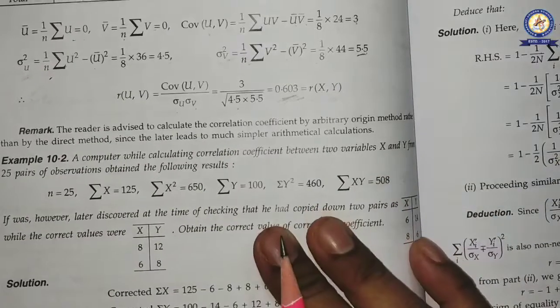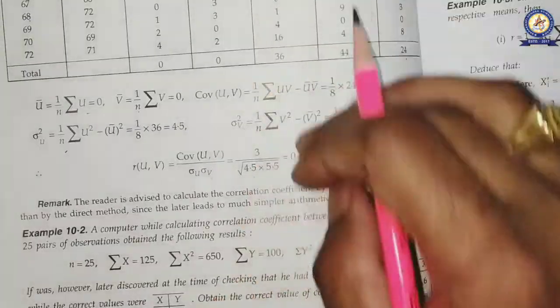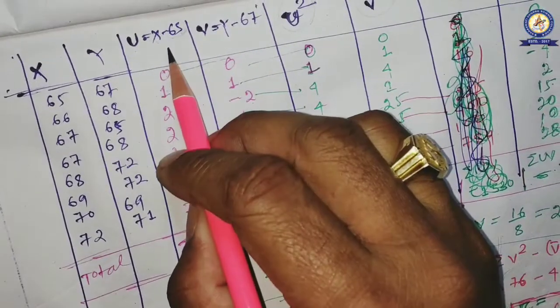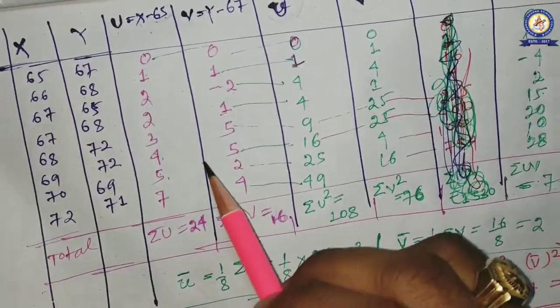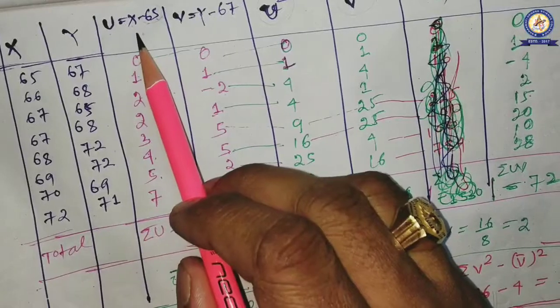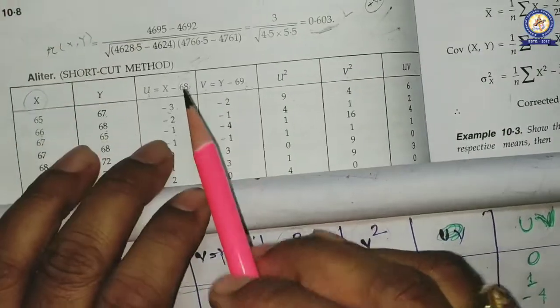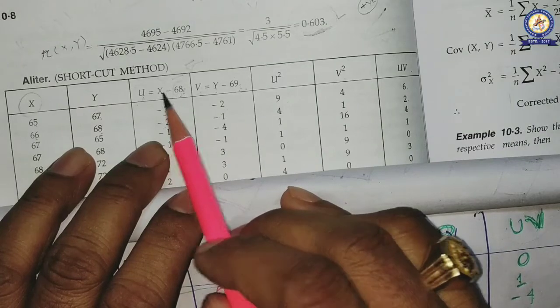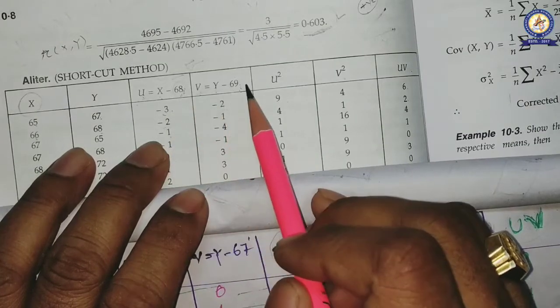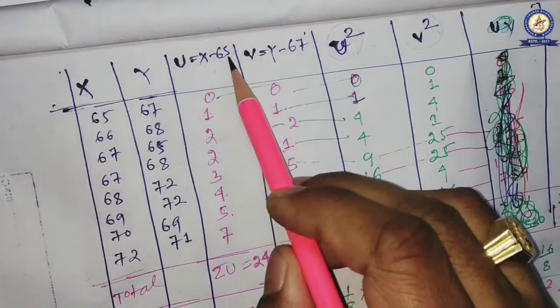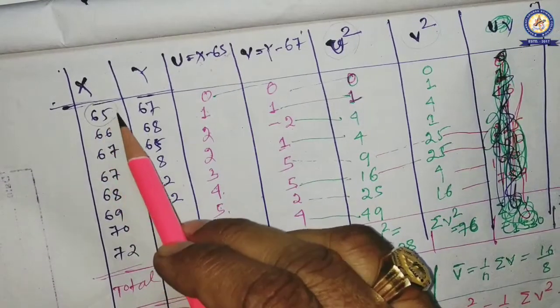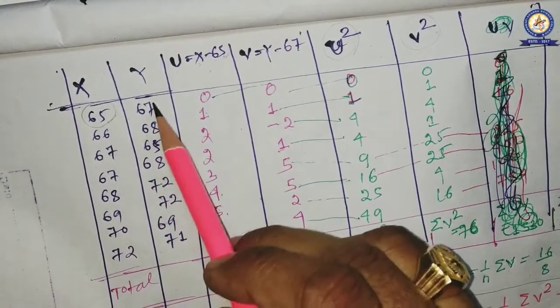Now the same we are going to solve by considering this table. Here I consider x minus 65. We can see x minus x bar, y minus y bar, but here I consider x minus 65, meaning I consider the first number and first number. You can consider anything.